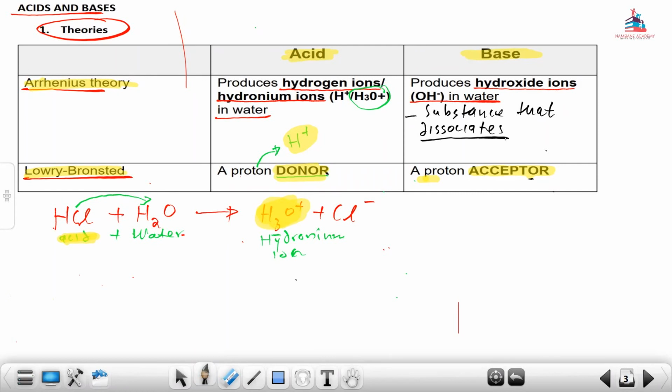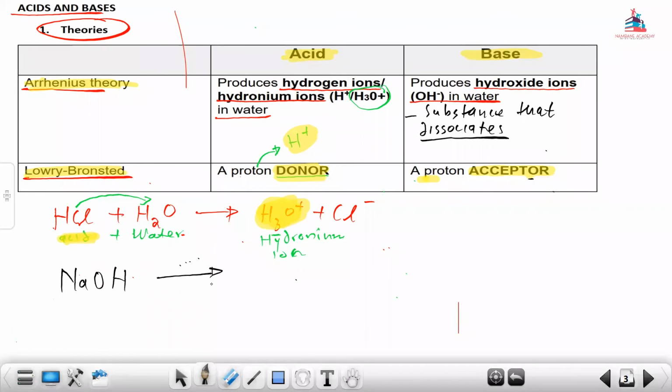When a substance dissociates, if it's a base, it means the substance is breaking into two parts. Now consider sodium hydroxide, which is a normal basic base that we know.